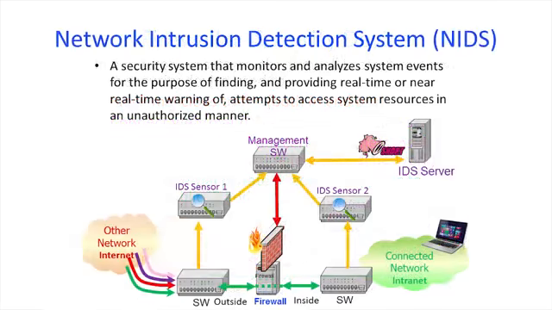Intrusion Detection System, or IDS for short, is a security system that monitors and analyzes system events for the purpose of finding and providing real-time or near real-time warning of attempts to access system resources in an unauthorized manner.